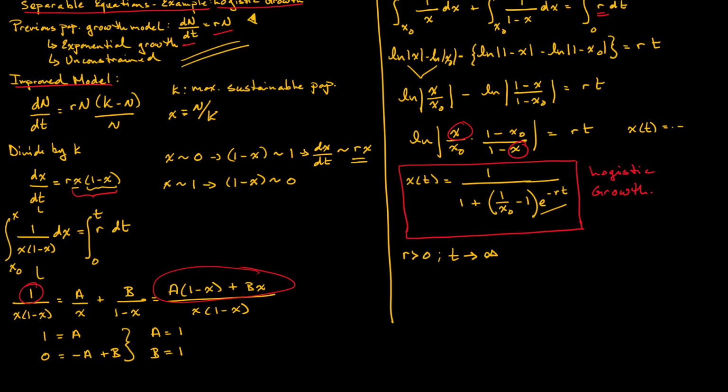And what this leads us to is just a fraction 1 over 1. So we have x as t goes to infinity is approximately 1. And that makes sense. So as time gets larger and larger, the population goes towards its maximum sustainable population.